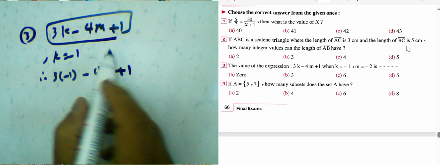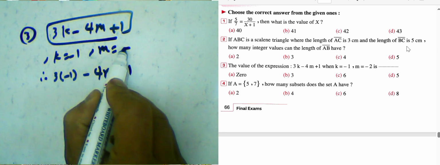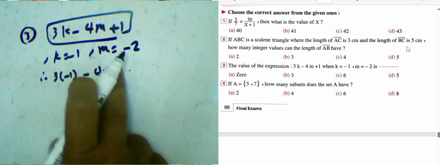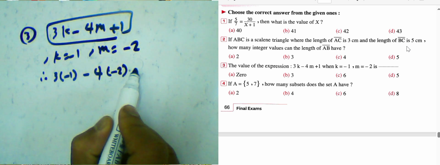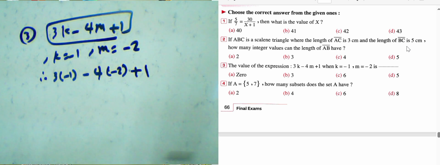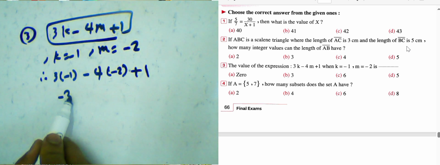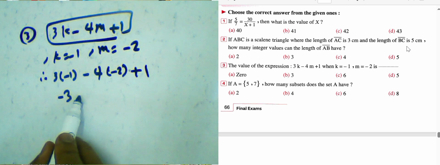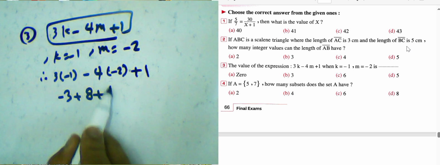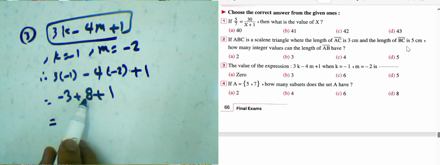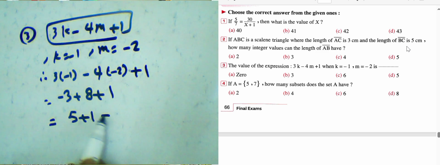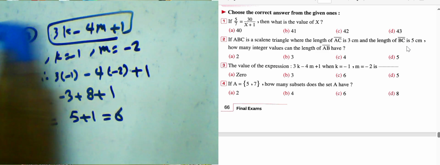And they give us this information again, m equals negative 2. Put m equal negative 2 here. 3 times negative 1 will be negative 3, negative 4 times negative 2 will be positive 8, plus 1. Negative 3 plus 8 equals 5, 5 plus 1 equals 6. So the result will be 6.